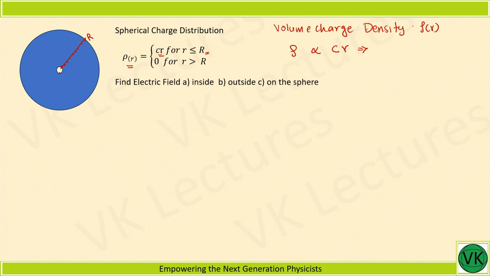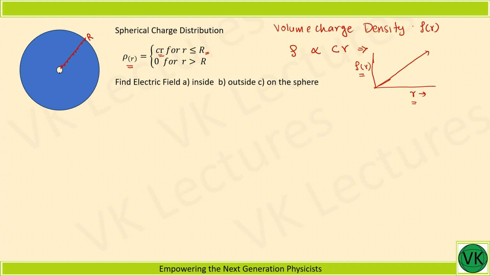If you draw the charge density as a function of the distance r, it increases like this. It's a linear curve, as rho depends on the distance r.